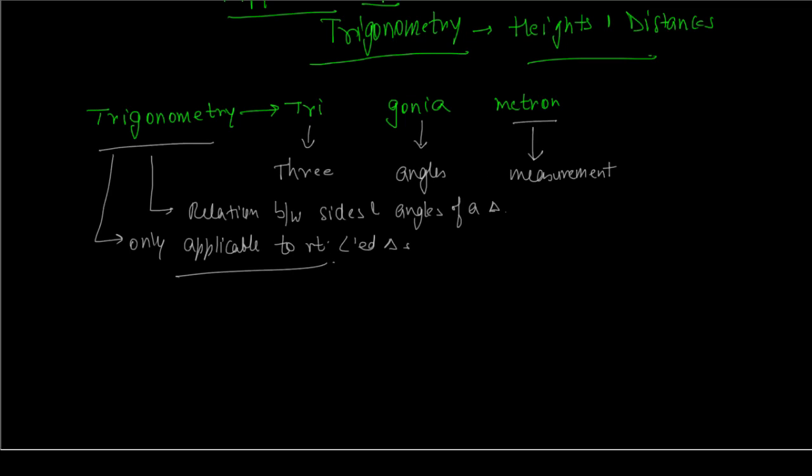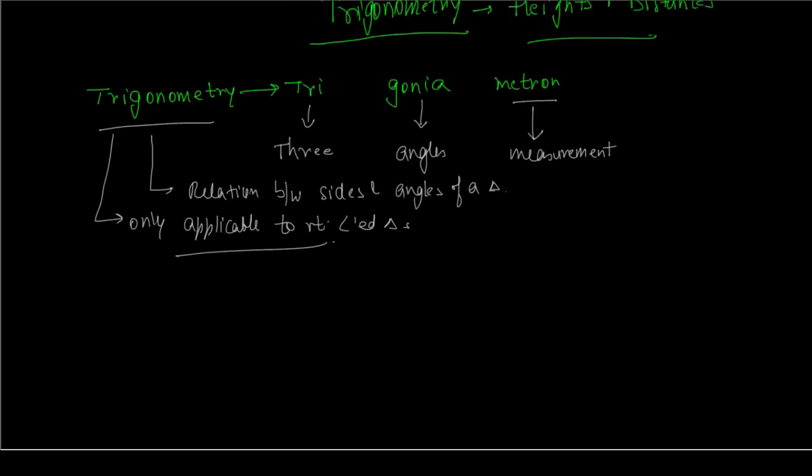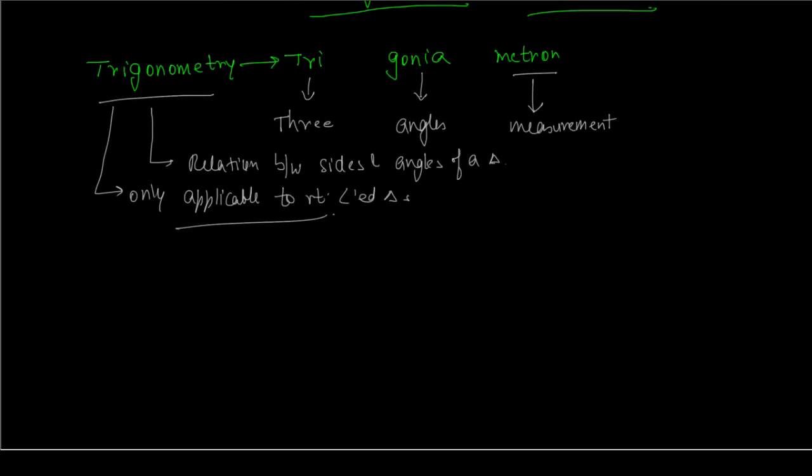Now, let us try to understand the basic concepts of trigonometry. So, for example, we take a right angle triangle, and congratulations, because now I've learned how to draw straight lines on the screen. So now we can get straight lines in my videos. So basically, let's have a right angle triangle.